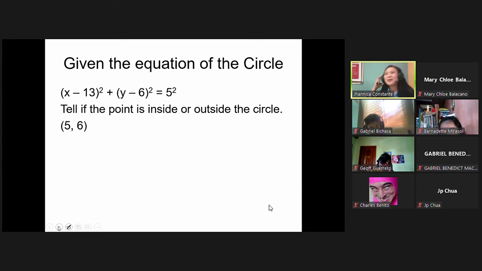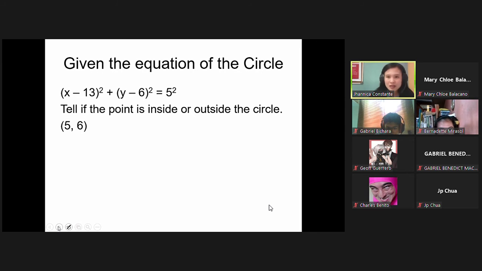For example, we have the given equation of the circle is x minus 13 squared plus y minus 6 squared equals to 5 squared. We're going to identify if the point 5, 6 is on the circle, outside of the circle, or in the circle. To identify if the given point is on, in, or outside of the circle, substitute the given point in the given equation.